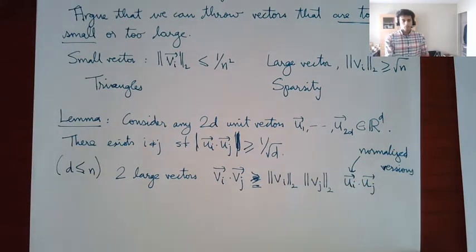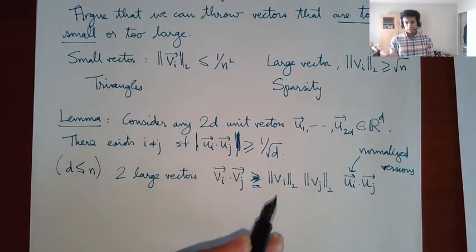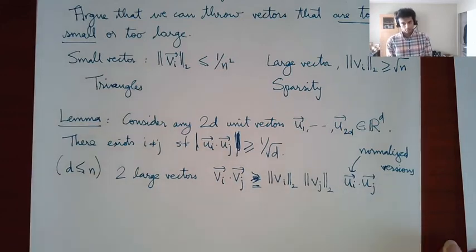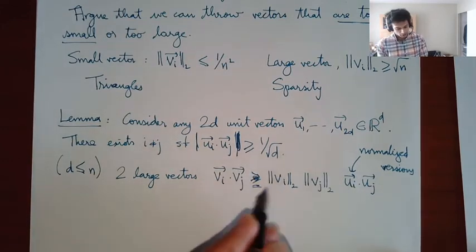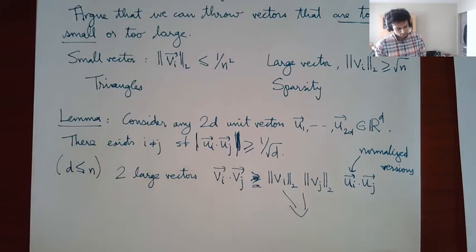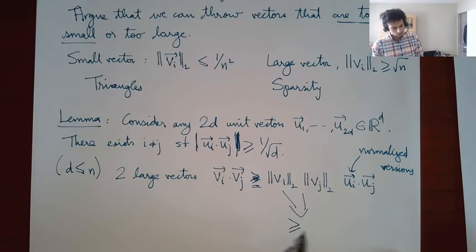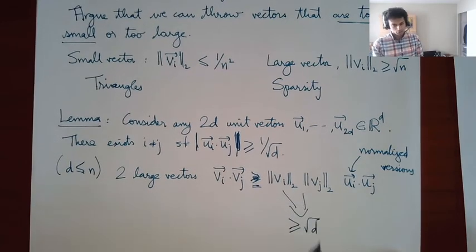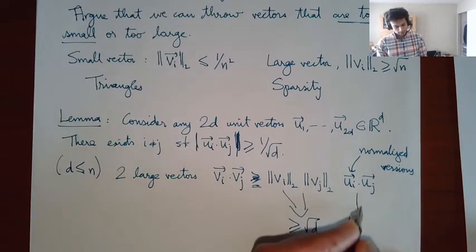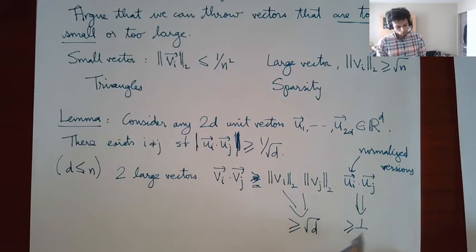So this is exactly equal to just taking the lengths out and looking at the normalized versions. Now if these are large, they are going to be at least root D, and if this is at least 1 over root D, then this is at least 1.